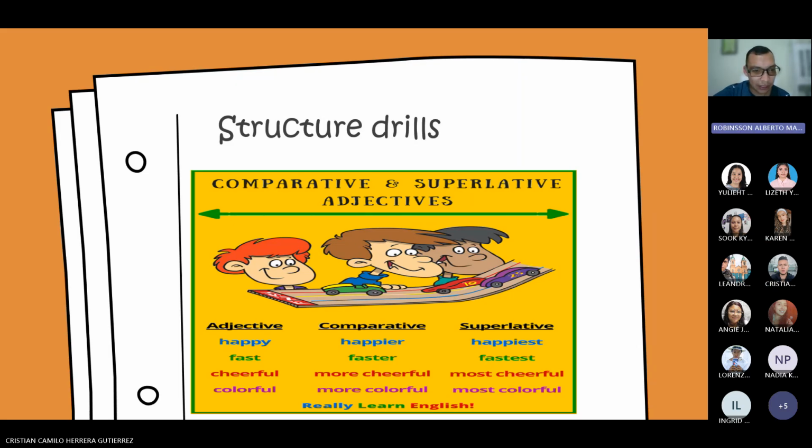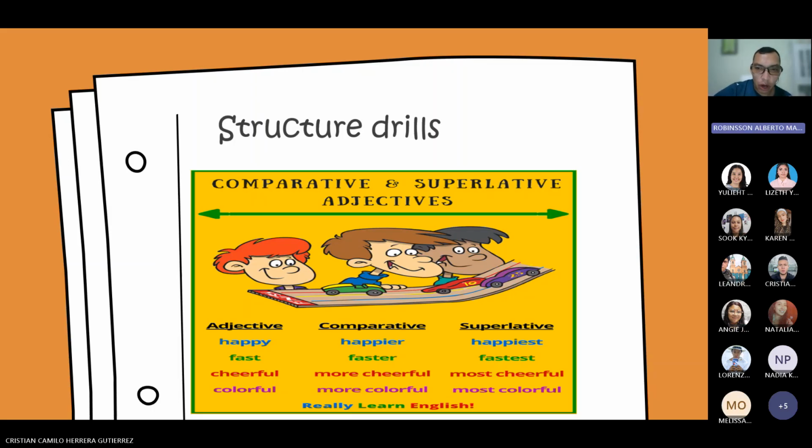Happiest. That's right. The next adjective is fast. The comparative form is faster. Faster. That's right. Very good. And the superlative form is fastest. Fastest.